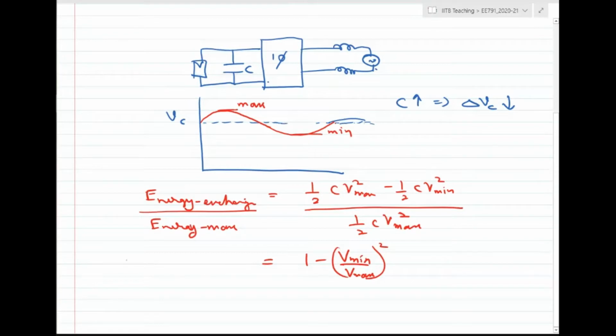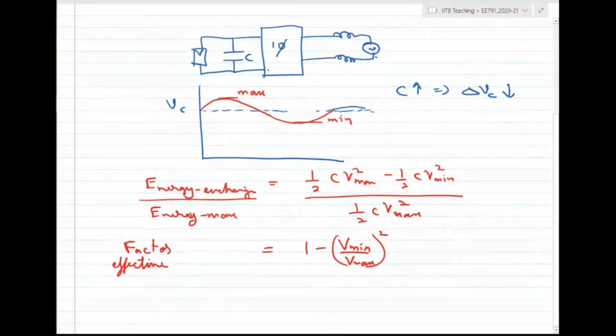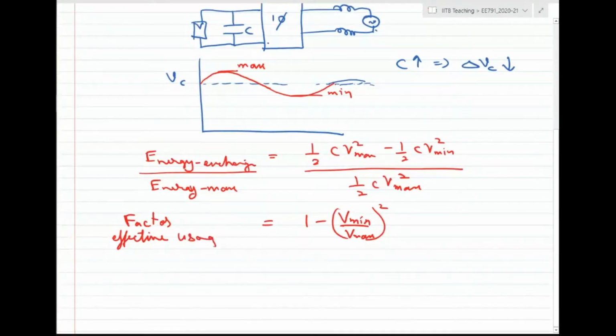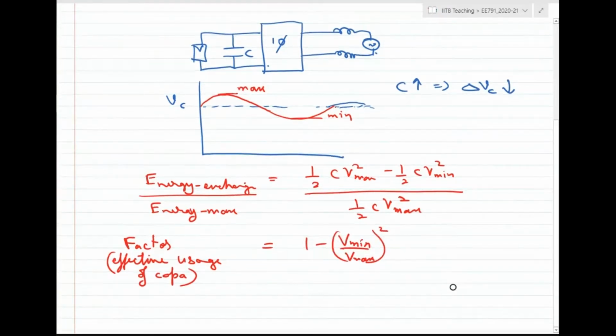You can think of it as a factor which indicates the effective usage of the capacitor. So the capacitor has a lot of energy in it, but you are only using a small part of it and giving it to the grid and absorbing it from the grid. So one is not utilizing the capacitor to its fullest potential.